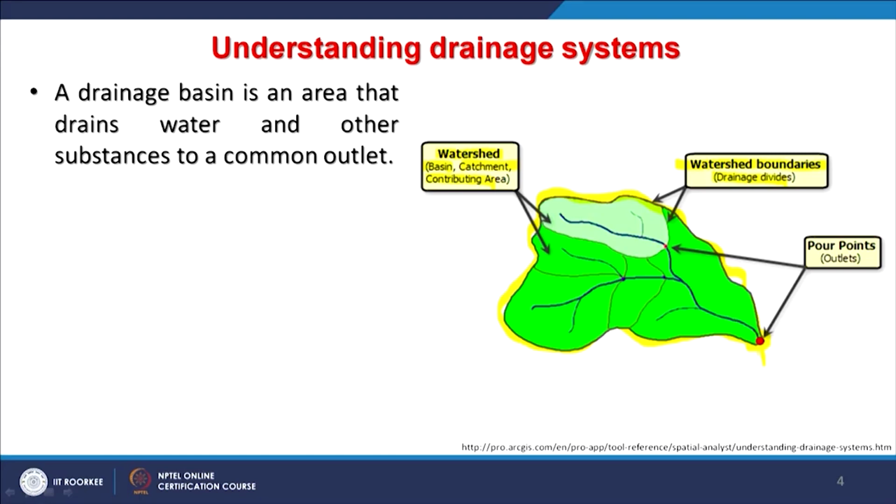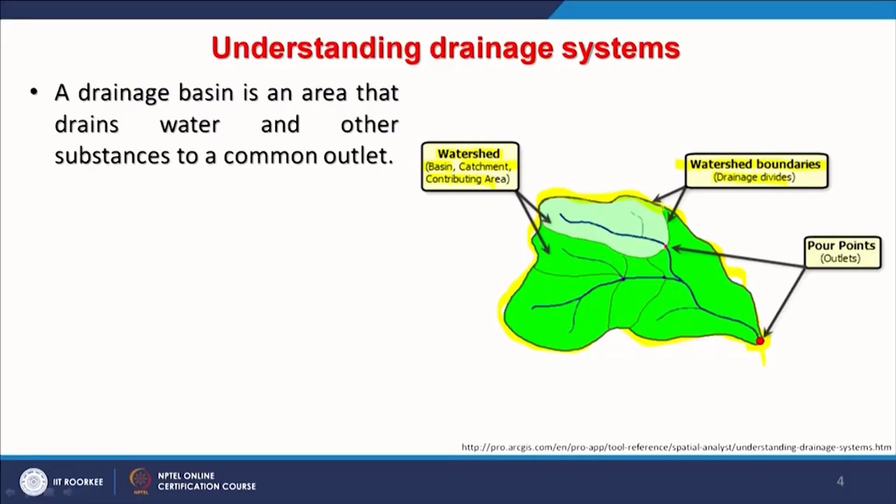There may be some loss of water into the atmosphere through evapotranspiration, or some loss of water into the subsurface through groundwater. If we exclude those, then whatever surface runoff occurs has to come out from this outlet.